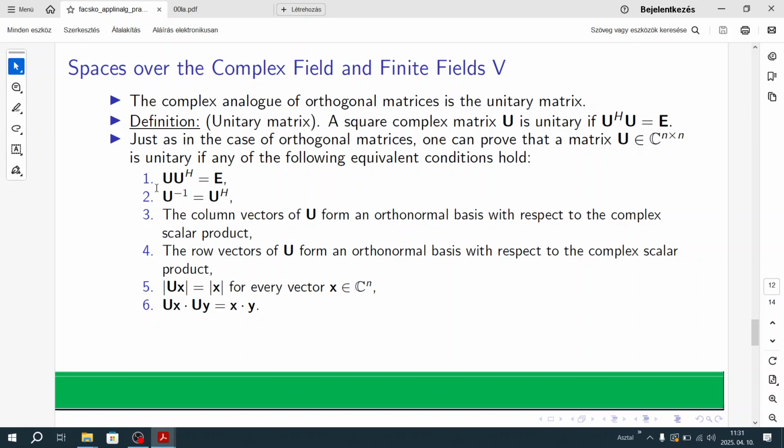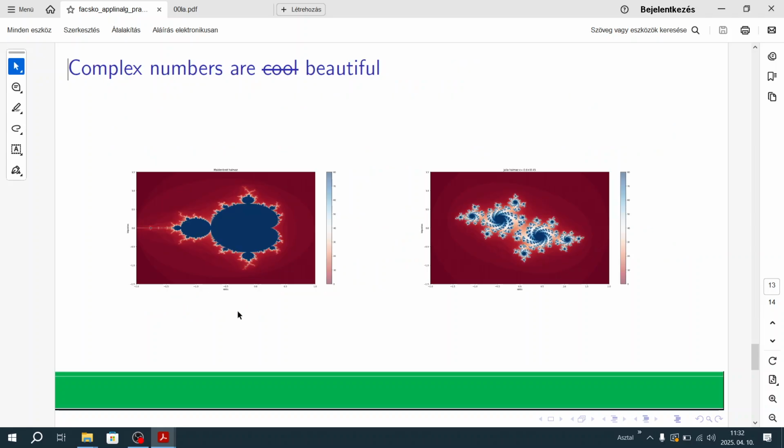This is the same as for real orthogonal matrices. This is one statement, and another statement that we have proved. This unitary matrix is the analog of the orthogonal matrix. Okay, sorry, it's plus 2 minutes.